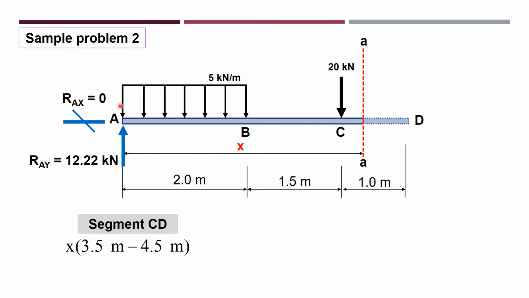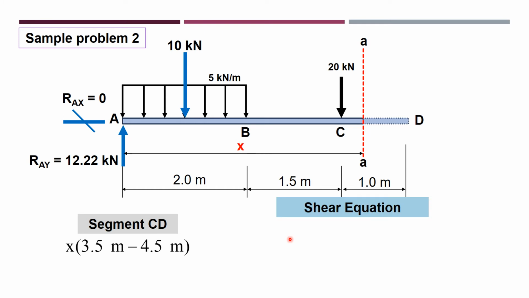So again, uniformly distributed load ito, you need to get the equivalent single force or the resultant by multiplying 5 kilonewtons per meter by 2 meters, and it is located at 1.5 meter from either side of this segment. So that this will be the forces na nasakop ng X. We have RAY, we have this equivalent single force nitong distributed load, and the 20 kilonewton force. So tatlo na yung vertical forces.